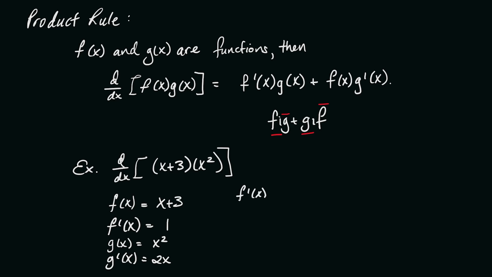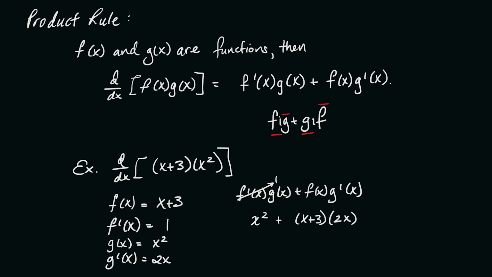Now let's put that all together in this form: f prime x times g of x plus f of x times g prime of x, right? So f prime of x is just equal to 1. g of x equals x squared, so we do x squared plus f of x, which is x plus 3, and then g prime of x is just 2x.